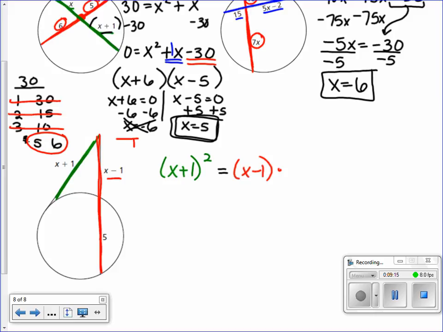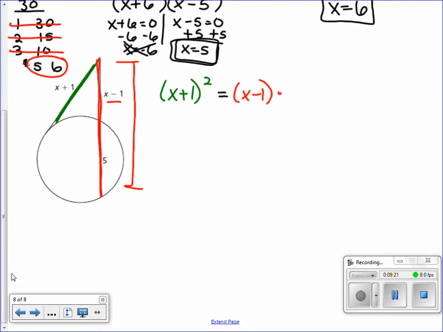So the entire thing here, we normally just add those 2 pieces together. So if you add x minus 1 and 5, as I'm doing down here in the corner, add your like terms, negative 1 plus 5, you get x plus 4. So that would be your entire segment here, x plus 4.